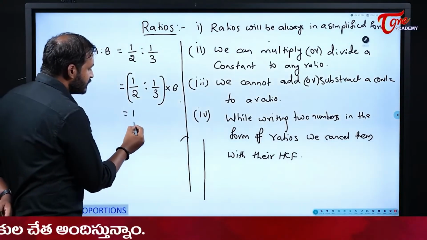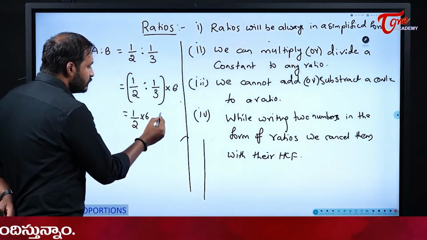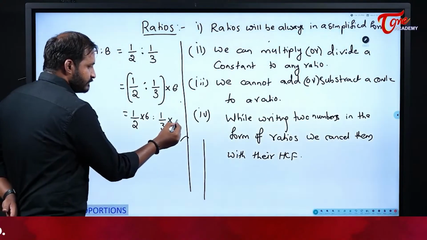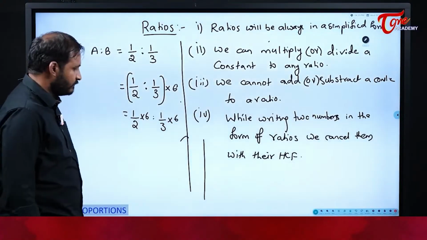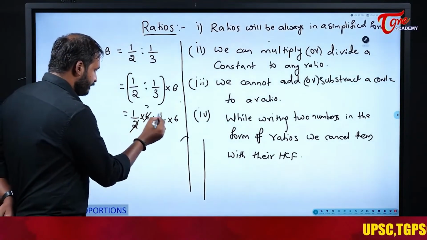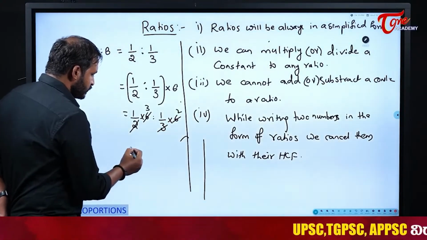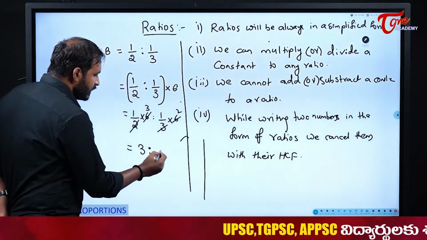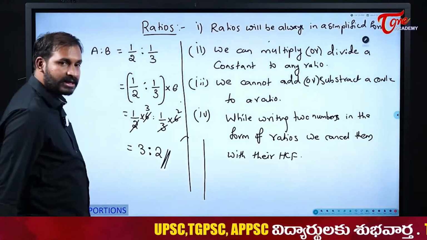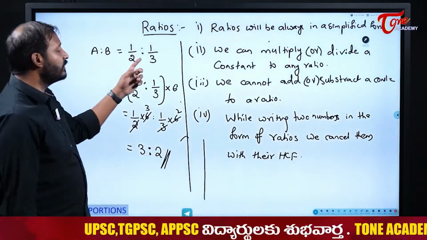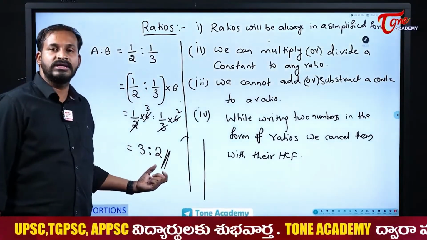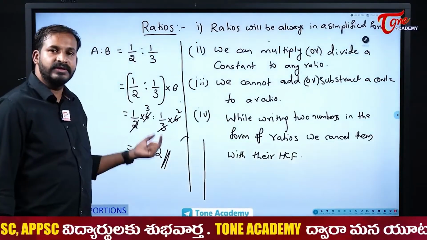That means what happens to this? 1/2 into 6 is to 1/3 into 6. Now what happens? 3 and 2. So the ratio here becomes 3:2. Both 1/2:1/3 and 3:2 are the same. There will be no difference between these two.